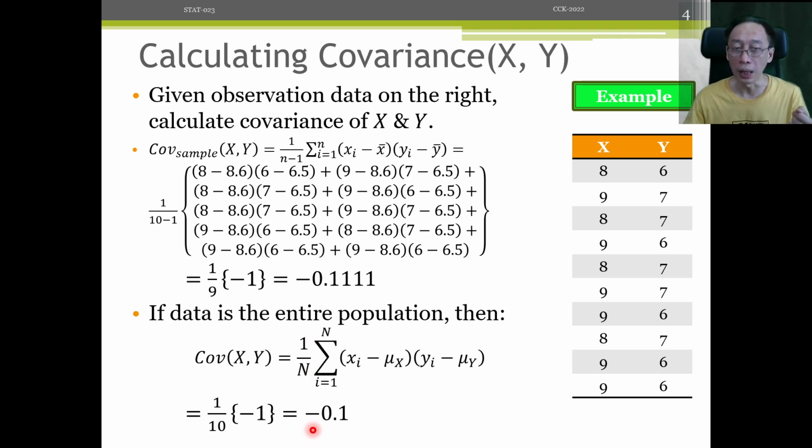In this case we get minus 0.1, so that is treating the data as population: we calculate the population covariance, and it's minus 0.1. If we treat this as a sample, meaning there are a lot more measurements that our sample hasn't captured, we calculate the sample covariance, and it turns out to be negative 0.1111, a bit larger in magnitude.